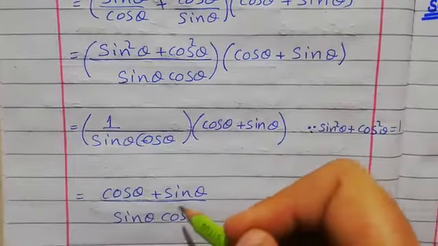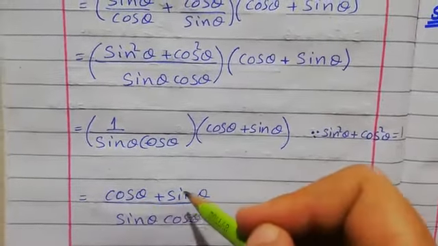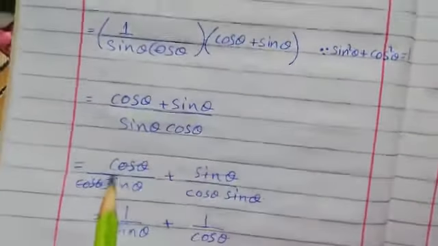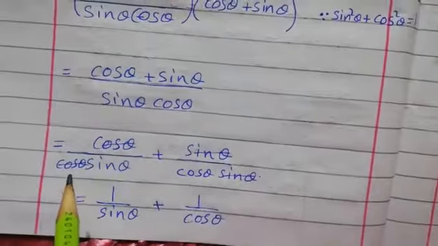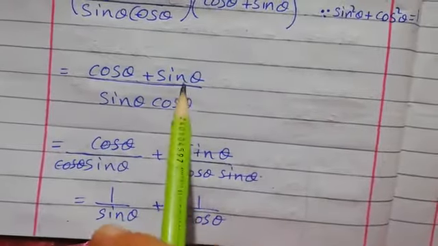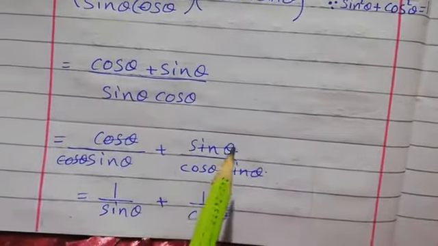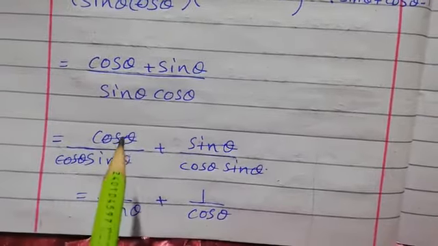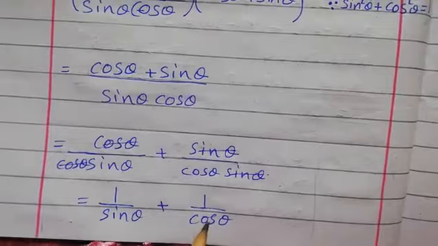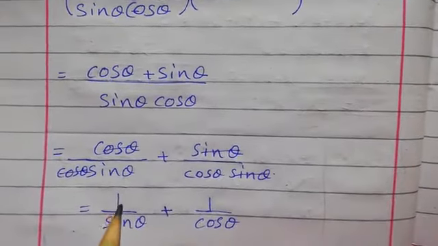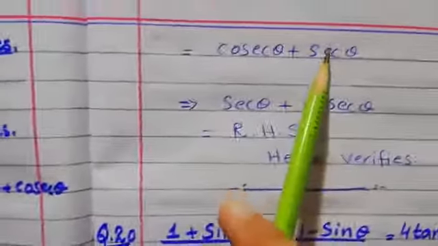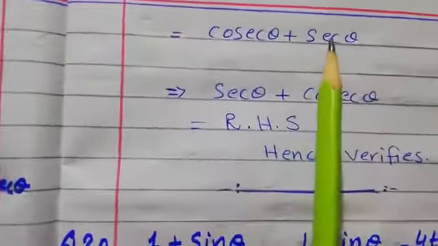So we will write this fraction separately like this: cos theta by cos theta sin theta plus sin theta by sin theta cos theta. Sin theta will be cancelled, cos theta will be cancelled, then we get 1 by sin theta and 1 by cos theta. And you know that 1 by sin is the cosecant theta and 1 by cos is the secant theta.